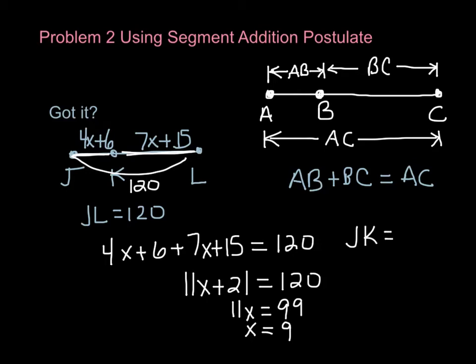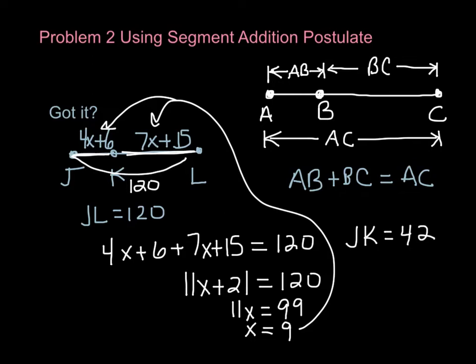JK is 4x plus 6. So we take the 9 and plug it into both of these. So 4 times 9 is 36, plus 6, the length of JK would be 42, and KL is 7 times 9, which is 63, plus 15, and that gives us 78.